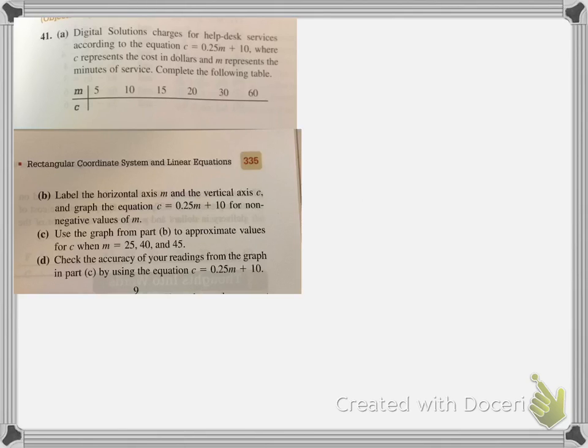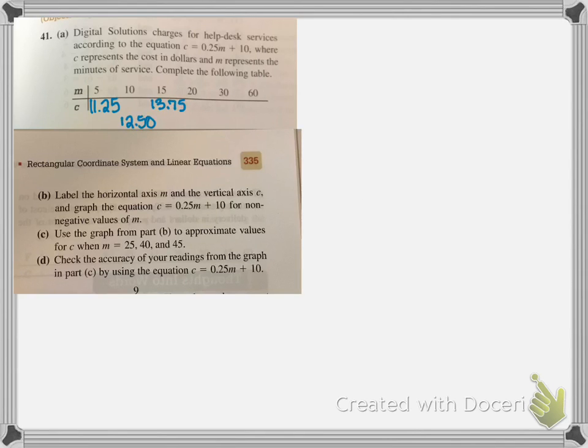Does anybody have the cost for 5 minutes? $11.25. Good. Okay, what about 10 minutes? $12.50. Good. I don't write small enough, so I'm kind of alternating up and down. 15 minutes. $13.75.